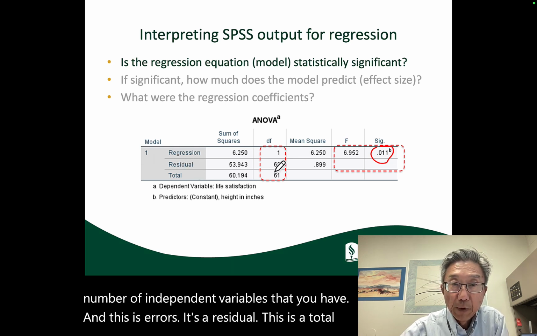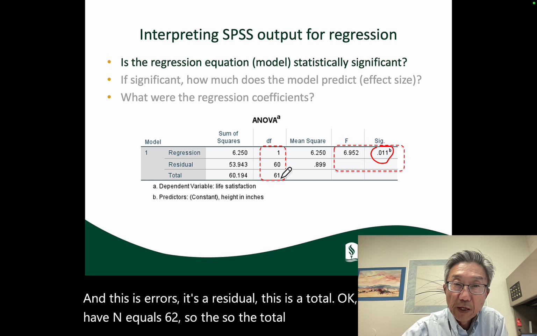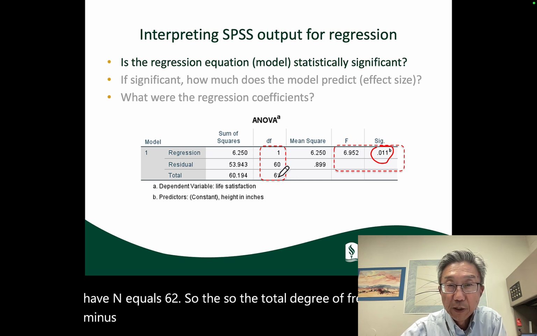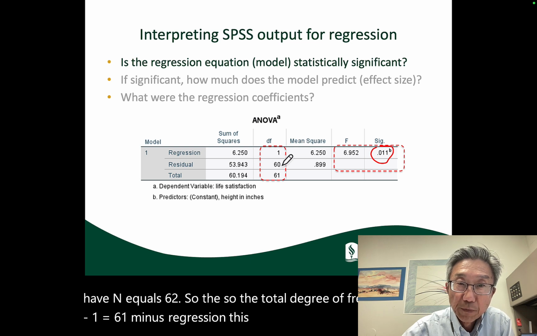Okay, so yeah, we have n equals 62. So the total degree of freedom is n minus 1, 62 minus 1 equals 61. Minus regression, this is the degree of freedom for error.